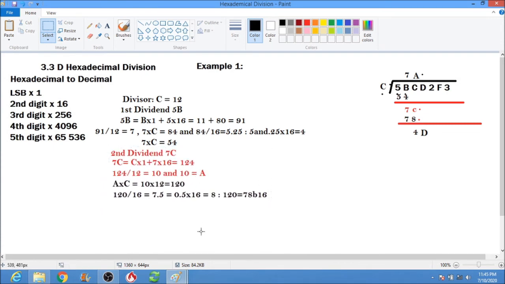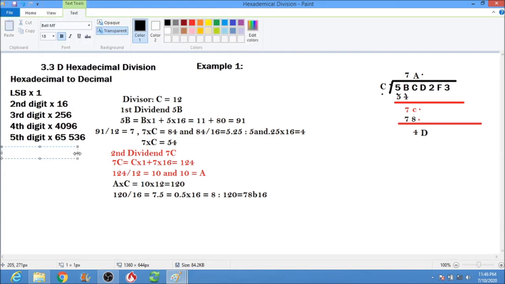The next, our third dividend. So let's write our third dividend: 4D. And 4D is equal to D times 1 plus 4 times 16.